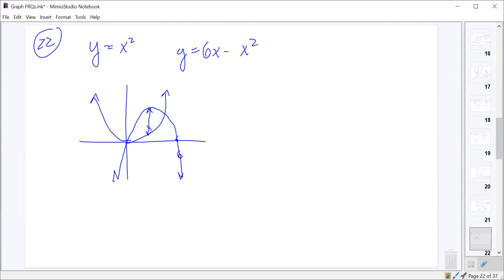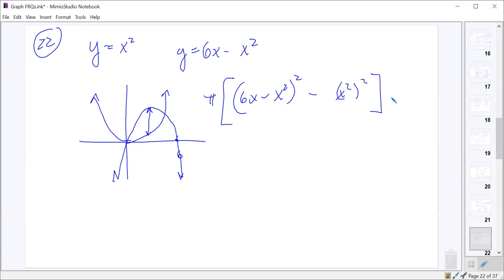So we're just looking for something that represents the area as we revolve this around. The area of each ring ought to be pi times the outer radius, which is 6x minus x squared, squared, minus the inner radius, which is just x squared, squared.